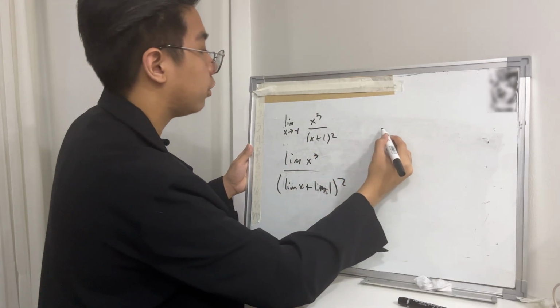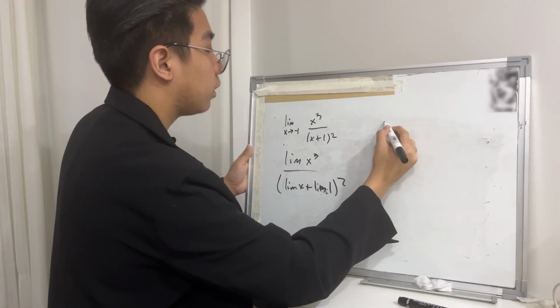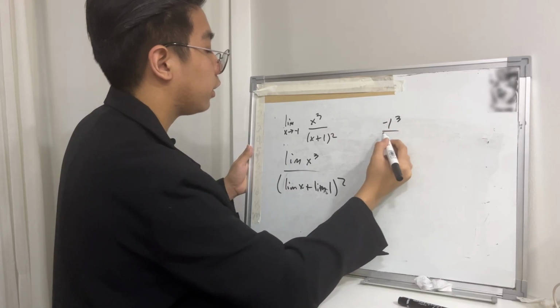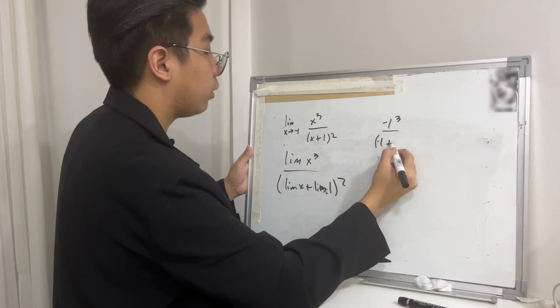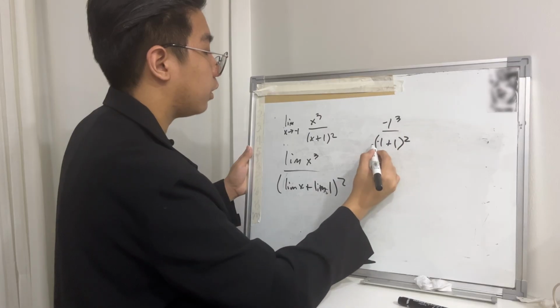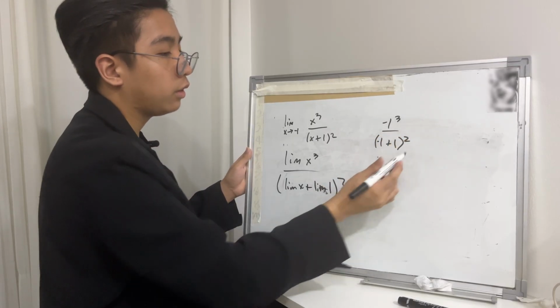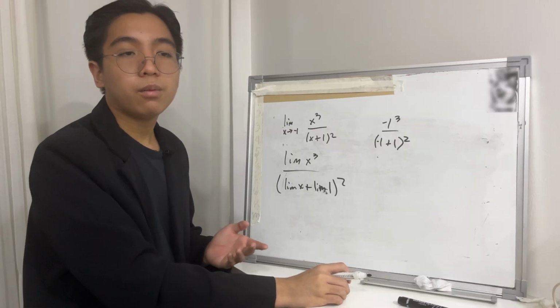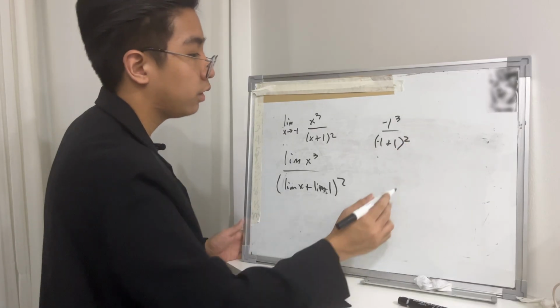So we have negative 1 cubed, and then negative 1 plus 1 squared. Negative 1 cubed equals negative 1. A negative raised to an odd number becomes negative.